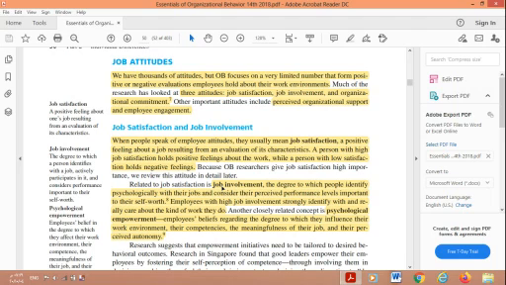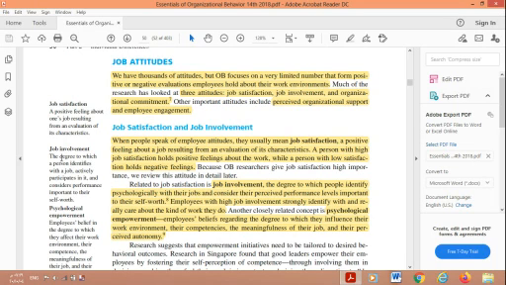The second job attitude we have to discuss is job involvement, which is an outcome of job satisfaction. What do we mean by job involvement? It simply means to what extent employees perceive that their performance is important to their self-worth.